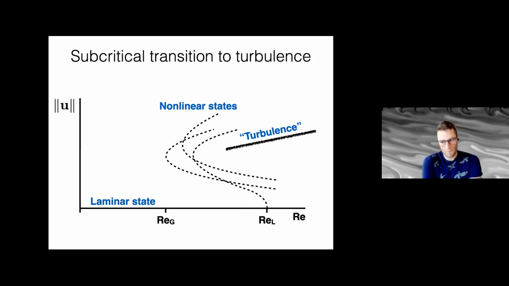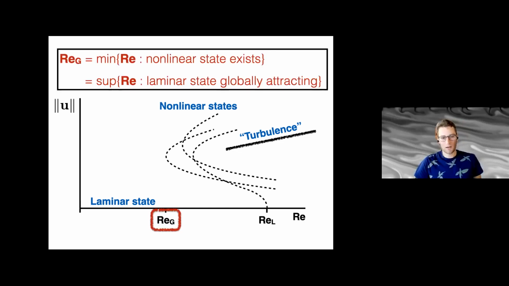And what I'm asking about in the first half of this talk is, what is this Reynolds number, which you could call the smallest Reynolds number at which nonlinear states exist, or the largest Reynolds number at which the laminar state is globally attracting. Now, classically, we don't know this number. All we get is the energy stability Reynolds number, which is smaller, often much smaller, which gives us a lower bound on the true global stability cutoff.